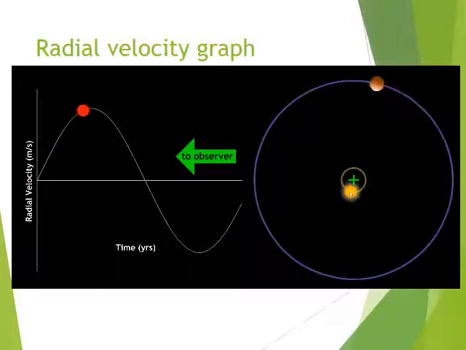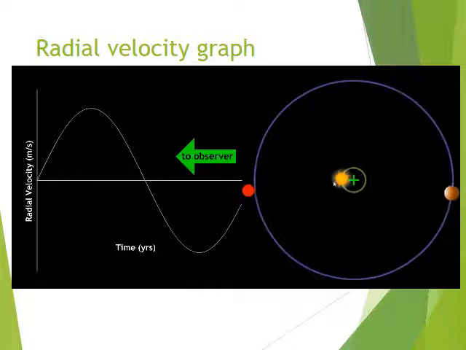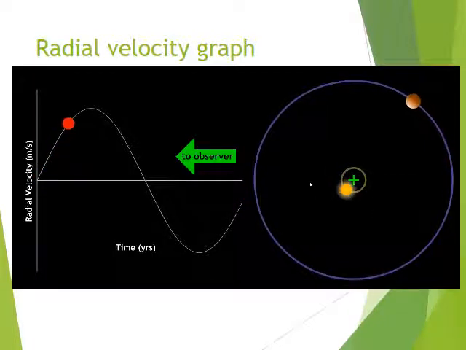They look for red shifts and blue shifts in the star's spectrum to indicate times when it's moving toward the Earth and times when it's moving away from the Earth. It turns out that when the star is moving toward the Earth, you wind up recording that as a negative radial velocity. And when the star is moving away from the Earth, it winds up being a positive radial velocity. So that hopefully will help you when you get to the beginning part of the student guide that makes up this module's lab activity.